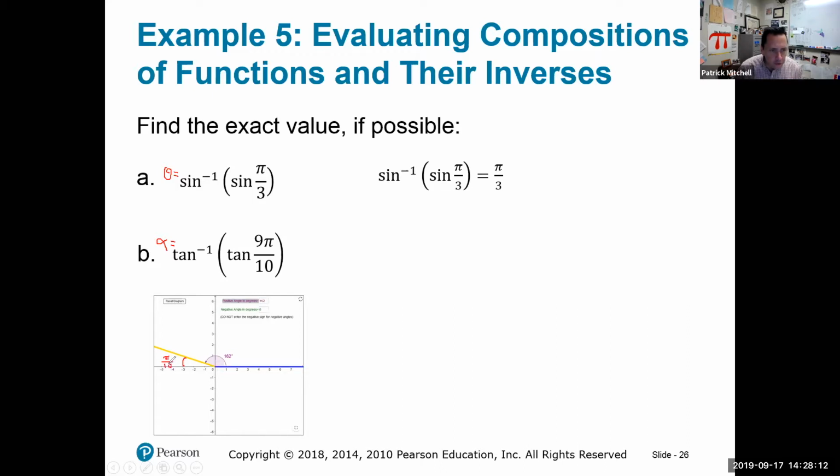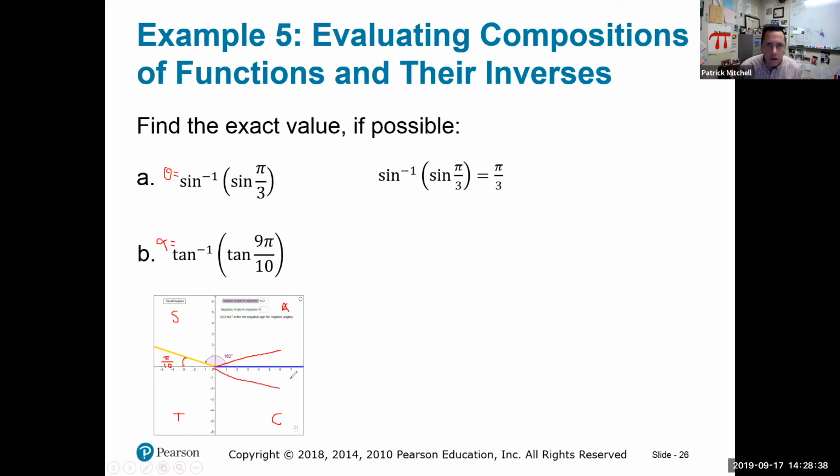So your first thought might be, oh, okay, well, I'll just use pi over 10. But that's not going to work because remember, all students take calculus. In quadrant 1, the tangent is positive, and in quadrant 2, the tangent is negative. So that means we have to go down here to quadrant 4.